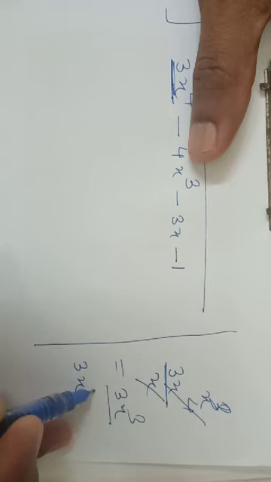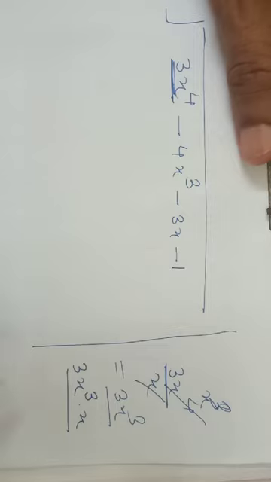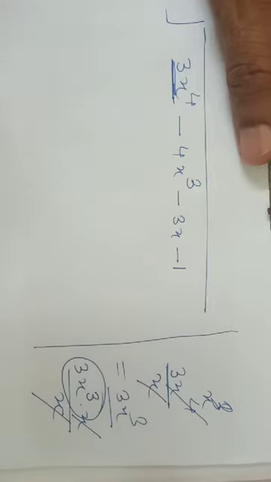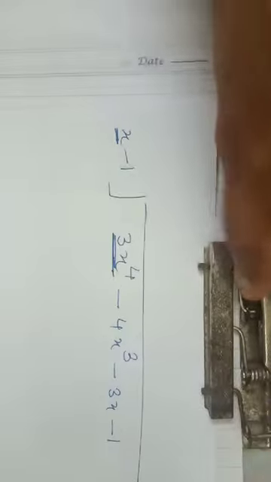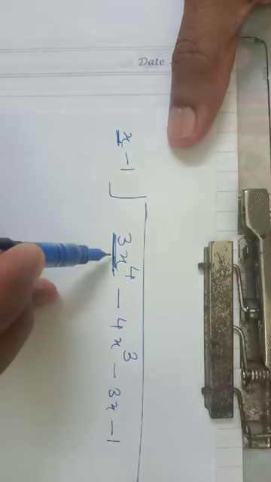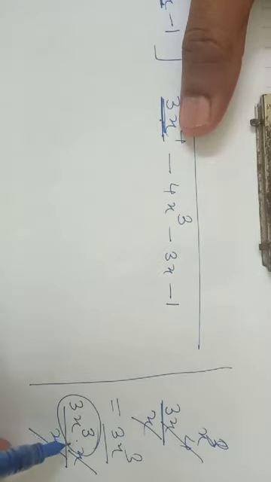How? Just see. 3x raised to the power 4 means 3x cube into x. Can you write it? Upon x. x divided by x completely. What is the remaining part here? 3x cube. So we should divide that term by 3x raised to the power 3.